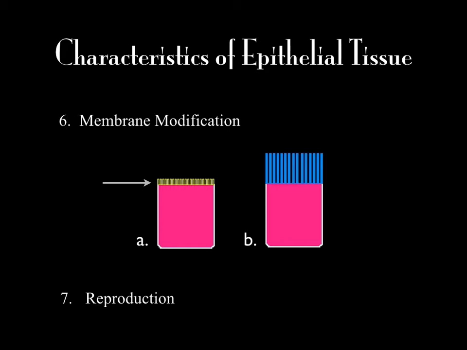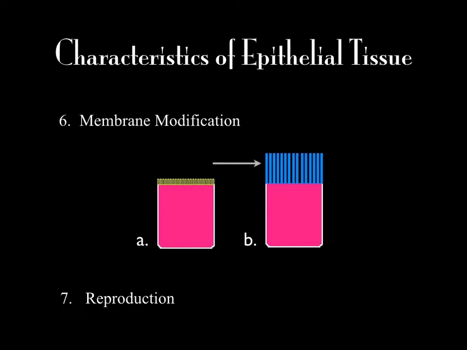Because of their function, we find cells that have these microvilli lining the digestive tract, particularly in the small intestine, which is where the majority of nutrients are absorbed. Notice in figure B, the modifications on the surface of that cell are much larger than those that we saw in figure A. These modifications here are called cilia, and their main function is to sweep substances past cells.